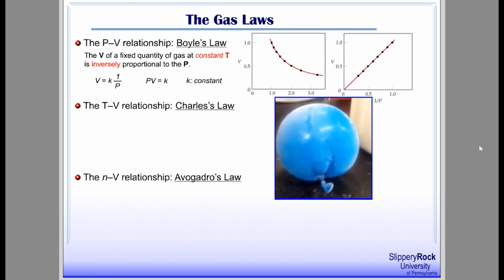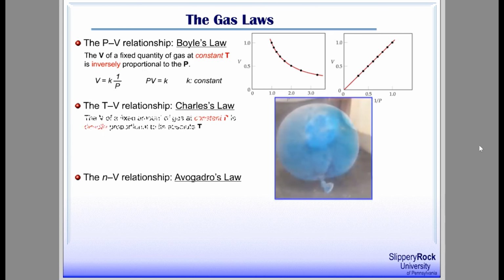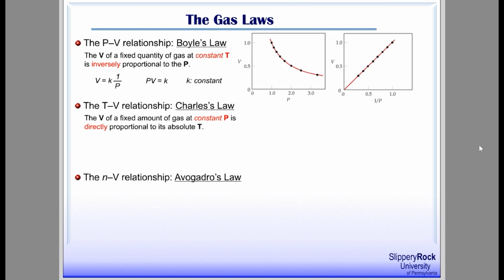This leads to Charles' law, stating the volume of a fixed amount of gas at constant pressure is directly proportional to its absolute temperature. This can be expressed mathematically, V equals K times T, or V over T equals K. Take a note that the lowercase k represents a proportionality constant.